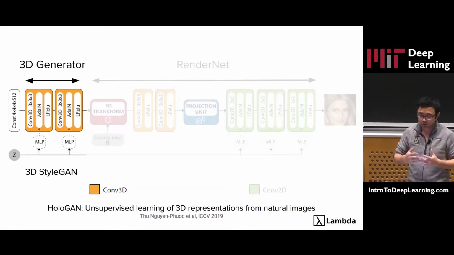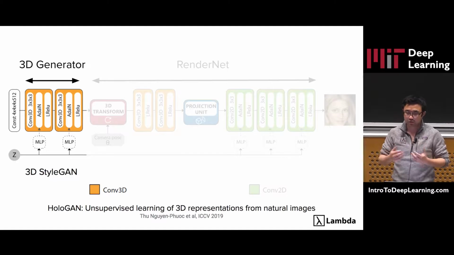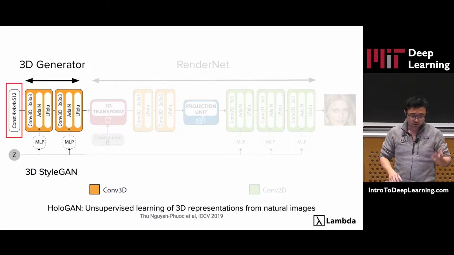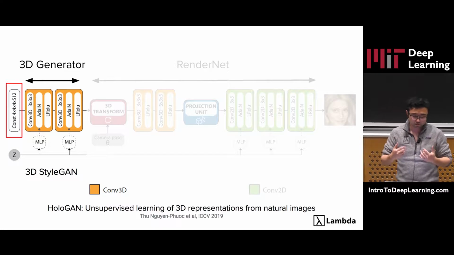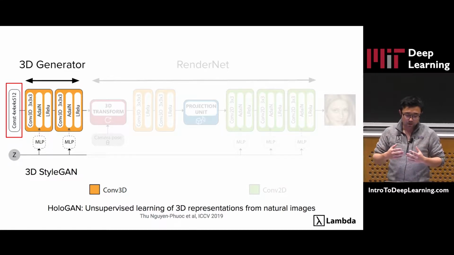The 3D generator is basically an extension of StyleGAN into 3D. It has two inputs. The first one is a learned 4D tensor, a constant tensor, which is learned as a sort of template of a particular class of object.